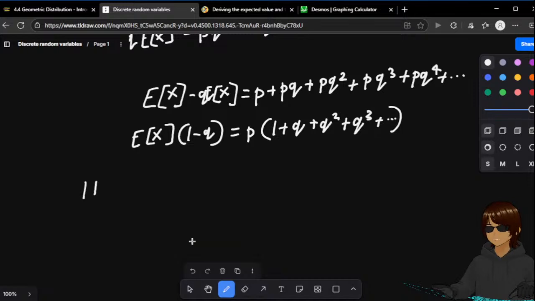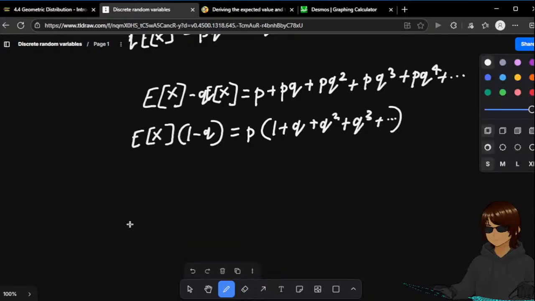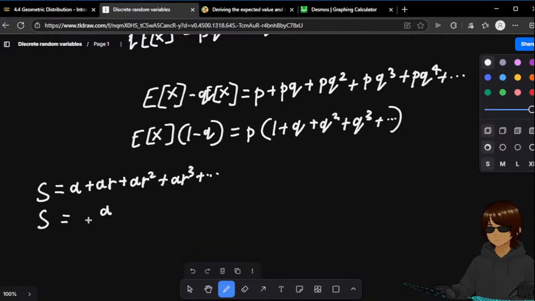So in a geometric series, if S is A plus AR plus AR square and R is less than 1 and more than 0, then S is equal to A over 1 minus R, right? So then this will be 1 over 1 minus Q.